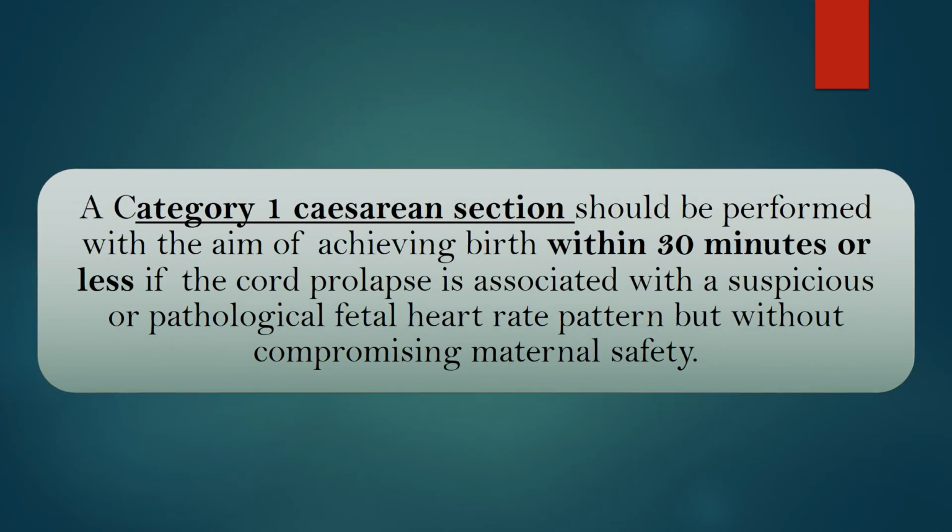A Category 1 cesarean section should be performed with the aim of achieving birth within 30 minutes or less if the cord prolapse is associated with a suspicious or pathological fetal heart rate pattern, but without compromising maternal safety.